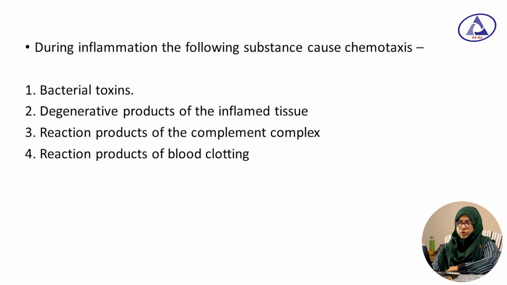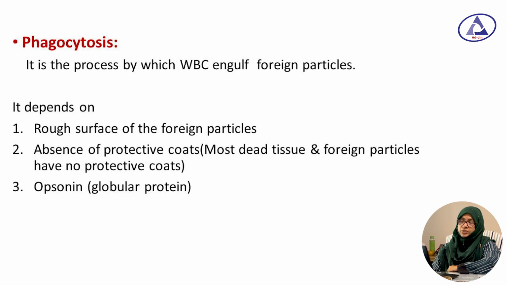During inflammation, the following substances cause chemotaxis. These are bacterial toxins, degenerative products of inflamed tissue, reaction products of the complement complex, and reaction products of blood clot. Now phagocytosis.